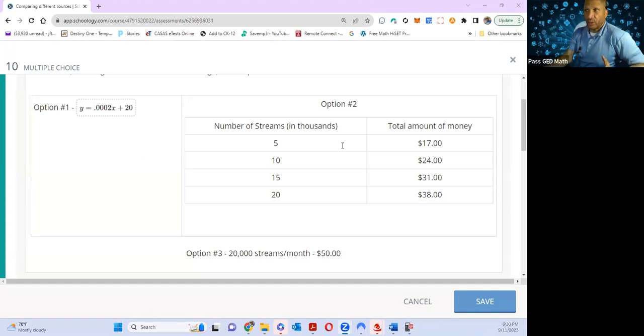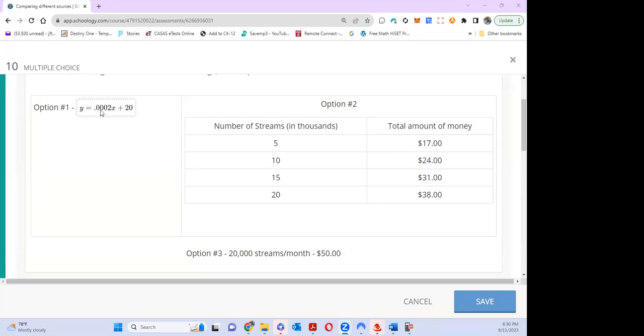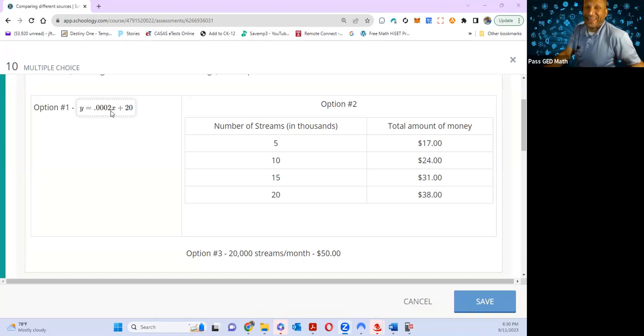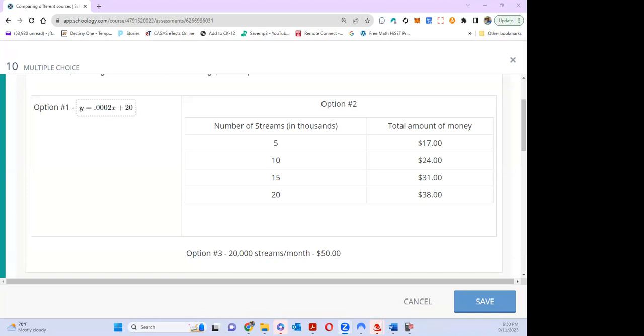So again, process of elimination says we know 2 can't be it because we found a linear equation of all of them. But here you can look at that. This is cheaper. 1, 2, 3, 4. So that's $2. 10,000 streams for $2. So this is going to cost you $22 a month.